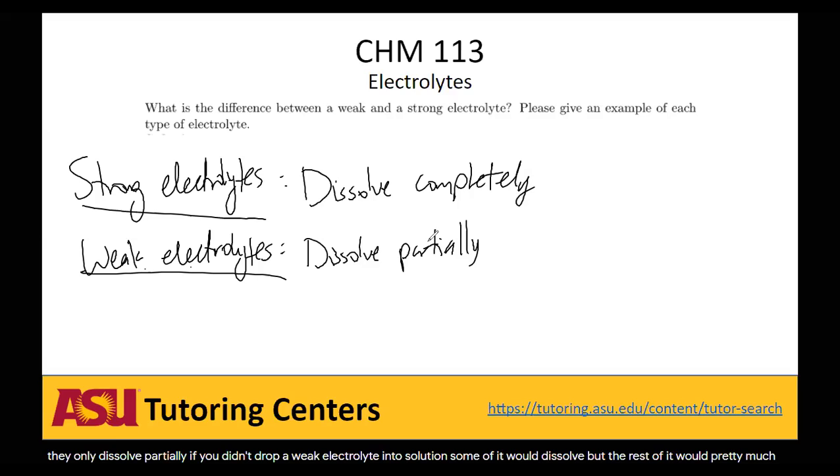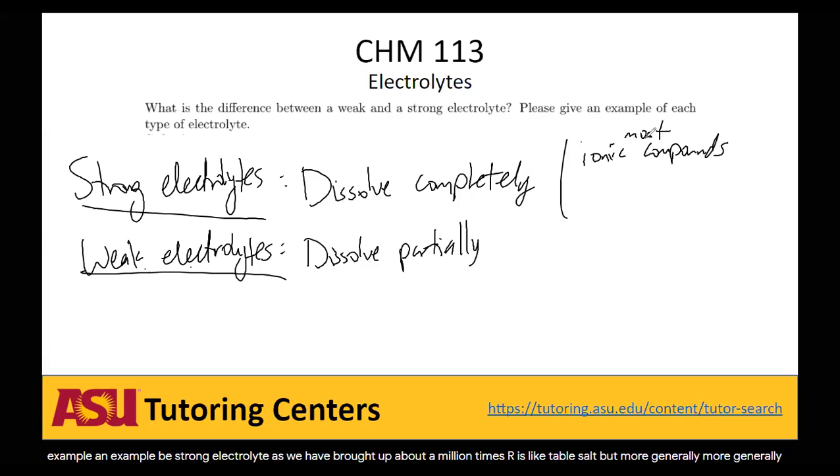An example of a strong electrolyte, as we have brought up about a million times, is table salt, but more generally just ionic compounds in general. Most of them, at least. Some of them don't necessarily have to, but most ionic compounds will dissociate into ions. That makes sense.